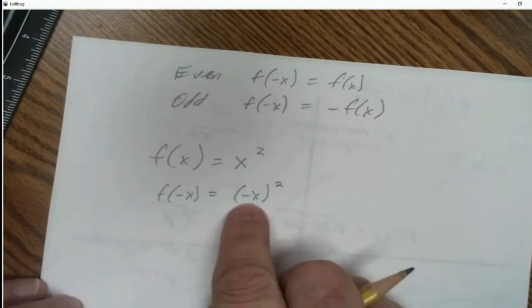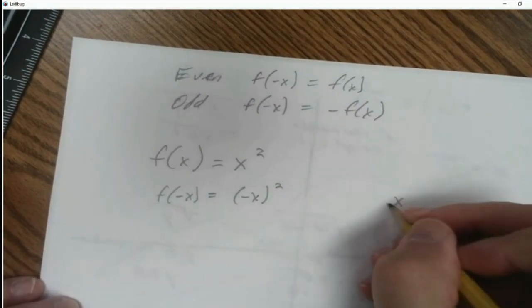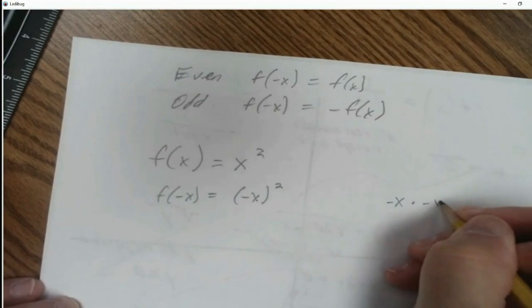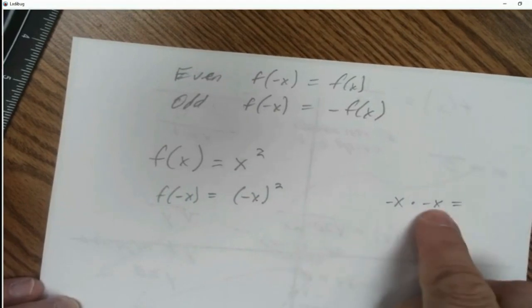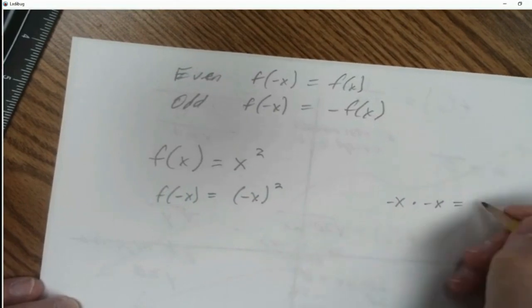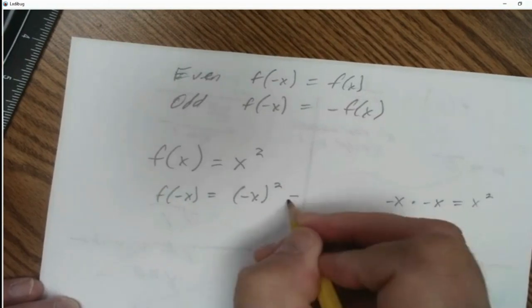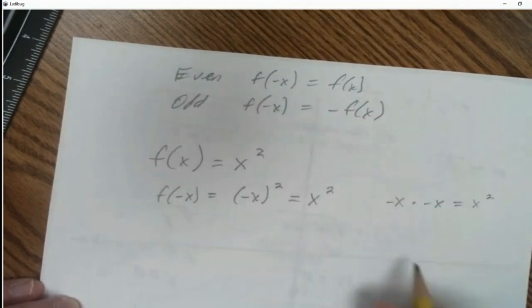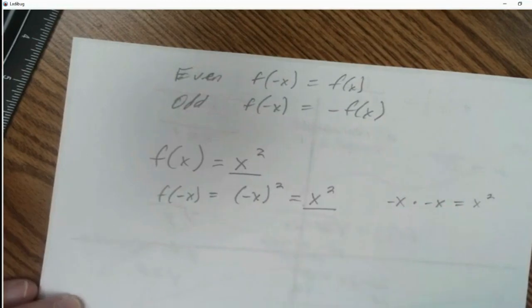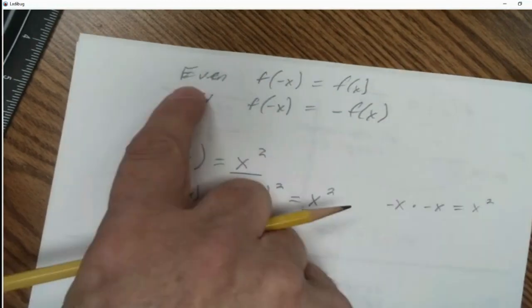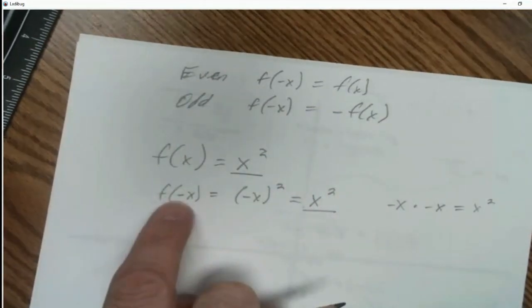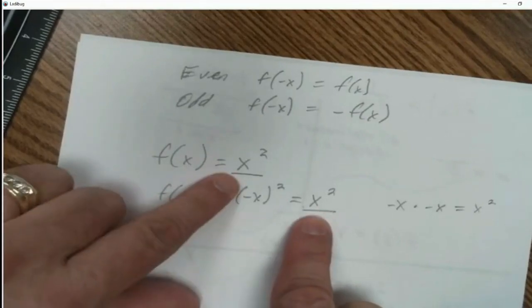Okay, so what is negative x times negative x? When you square something, you multiply times itself. Negative times a negative makes it positive, x times x. So that equals x squared, which equals the original function. So that means this is even because we substituted negative x in and we got exactly what we started with.